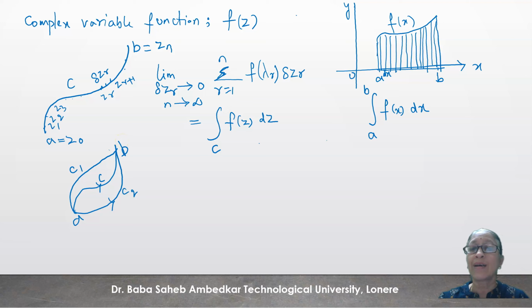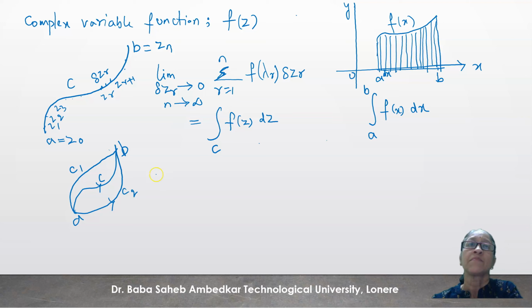No, that depends on the function f of z. If f of z is an analytic function, then the value of all these integrals, integration along C1, along C, along C2, will be the same. But if the function is not analytic, then the integral along C1, along C, and along C2 differ.